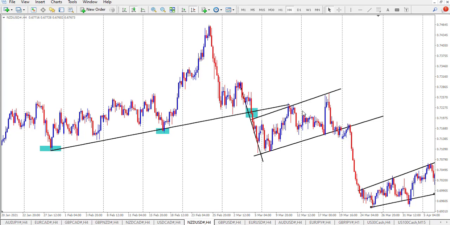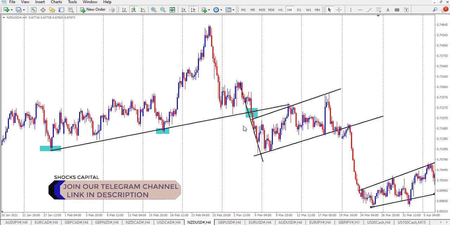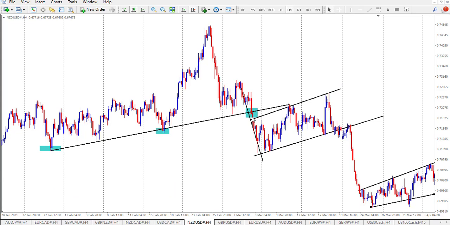Here I want you to know that we are going to integrate three concepts. Number one, the trend line, which is the trend line breakout. Number two, the chart pattern, in this case the flag. Number three, the demand zone. In the last video we talked about demand and supply.